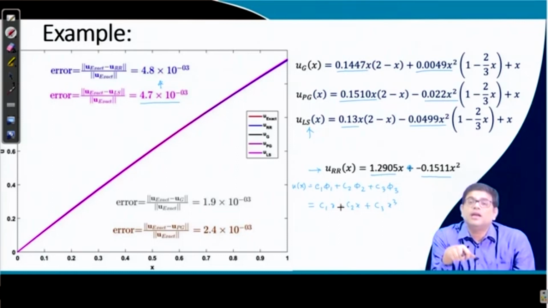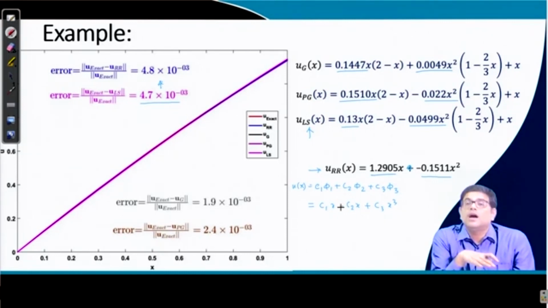The consequence of this is that the weight function can be chosen independently of the approximating function, but the approximation function in a weighted residual method needs to satisfy all requirements of the Rayleigh-Rinz method.